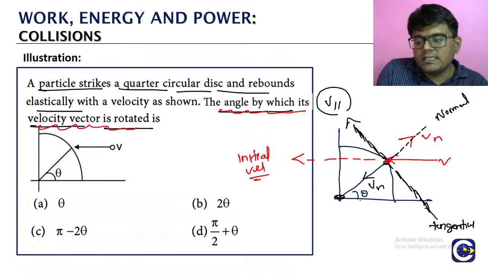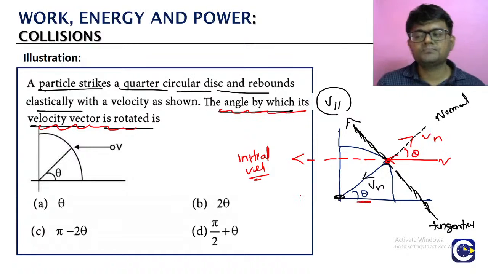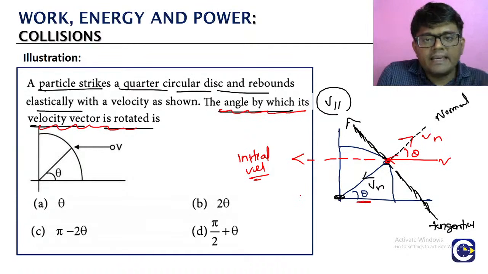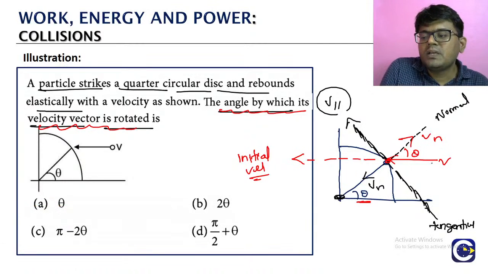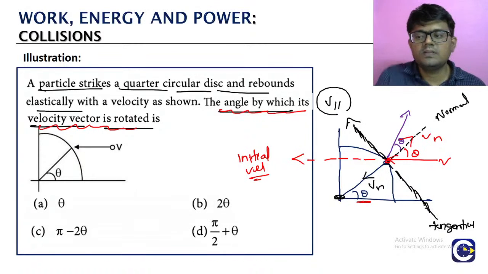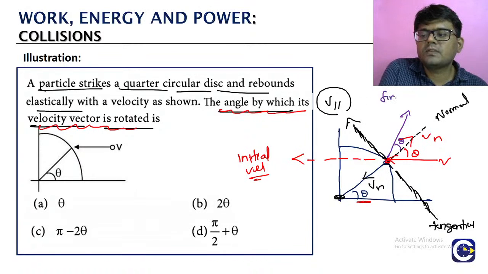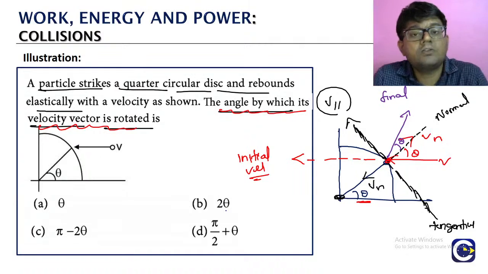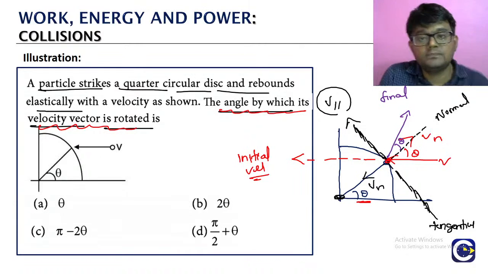This is theta. So the angle here is theta. The final velocity after bouncing back, by symmetry, if the initial velocity makes an angle theta, the final velocity also will make the same angle theta with the common normal.